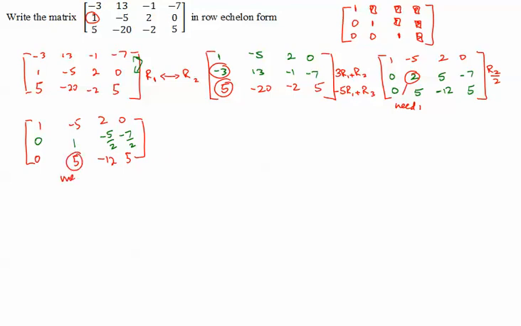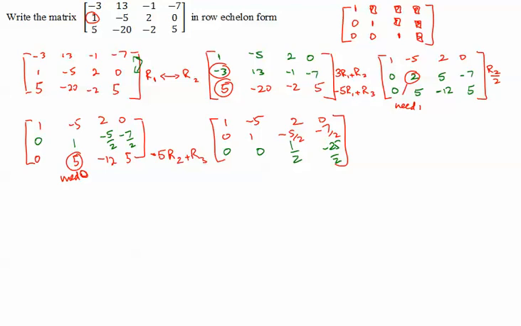So instead of 5, can I make it a 0 by some of the elementary row operations that I'm allowed to do? I can take negative 5 times row 2 and add it to row 3, and that will give me, in this last row, 0, 0, a half, negative 25 and a half, and then 1, minus 5, 2, 0. I'm just recopying the rest of the numbers.